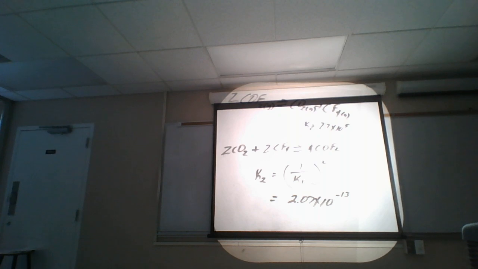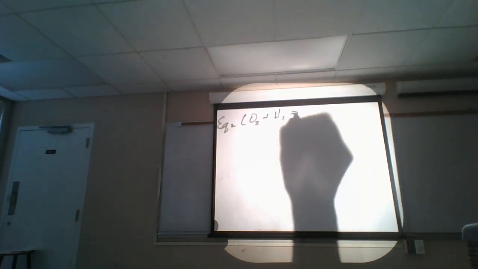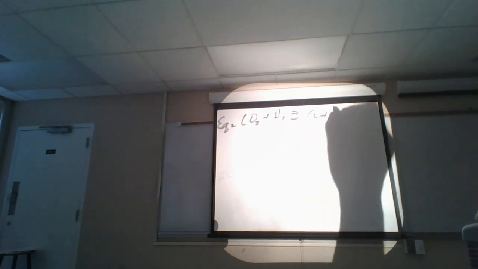I want to do another one for more practice, right below that one that we just did. I got equation 2 here: CO2 plus H2 in equilibrium with CO plus H2O.